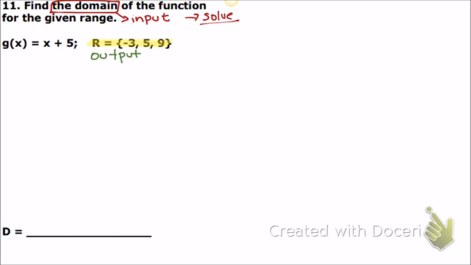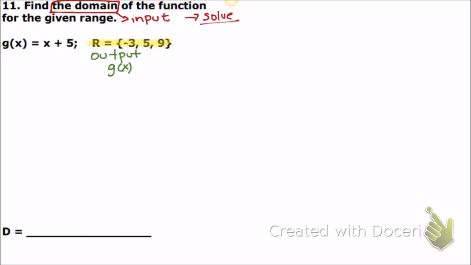Since these are my outputs, another name for output is g of x. So instead of writing g of x, we're going to be writing this number. Since we have 3 numbers, we're going to do this 3 times.